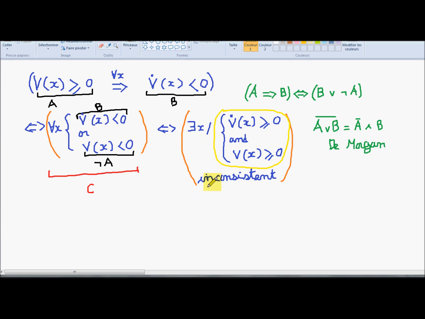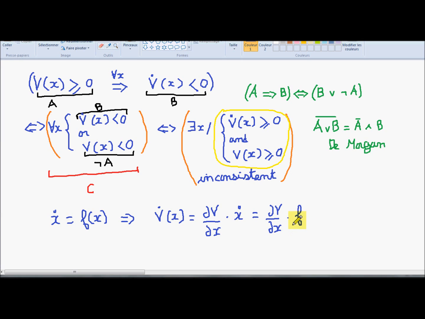Now, since I know that x dot is equal to f of x, as is the case when I have a dynamic system, then it implies that v dot of x is equal to the derivative of v with respect to x multiplied by x dot, which is equal to the derivative of v with respect to x multiplied by f of x.